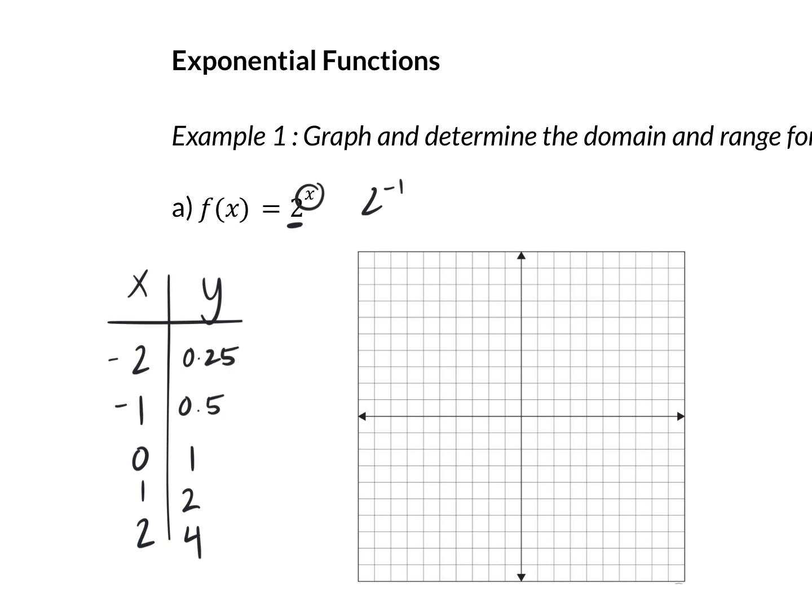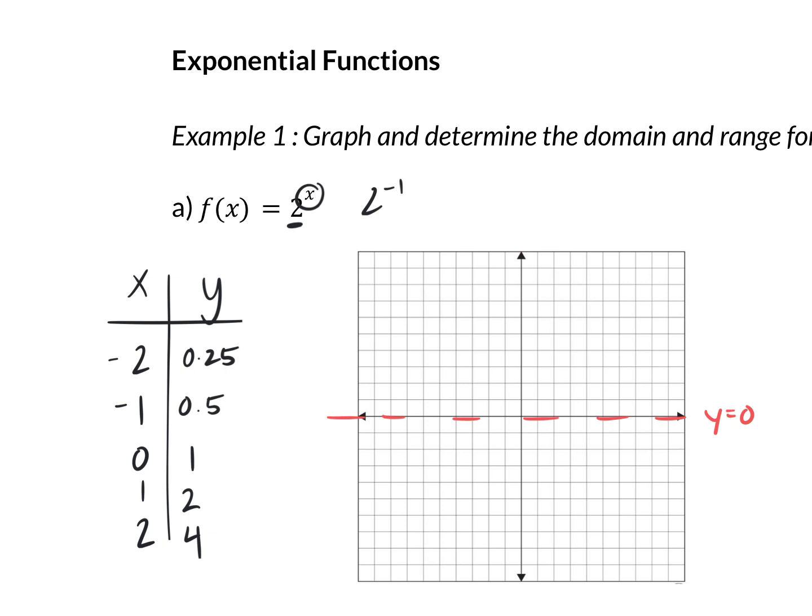Question for you. Can I plug in a value for x into this function and ever get a negative y value? No. Okay, so what does that mean that we're going to have at y equals 0? A horizontal asymptote. So I need to go ahead and draw on here a horizontal asymptote at y equals 0.